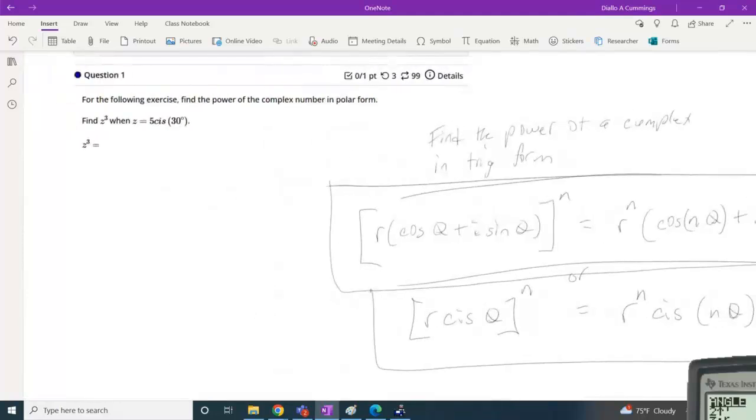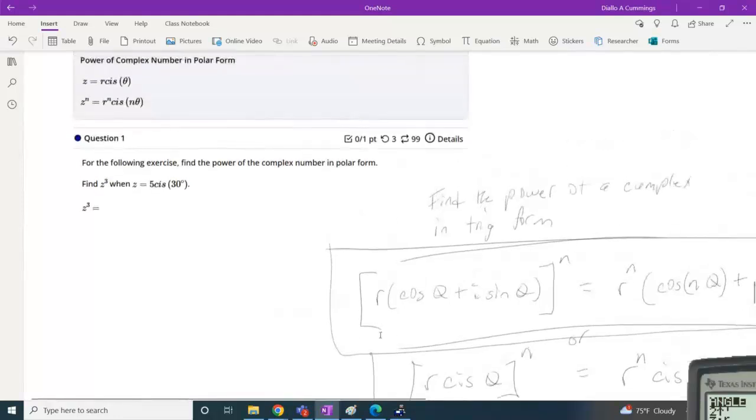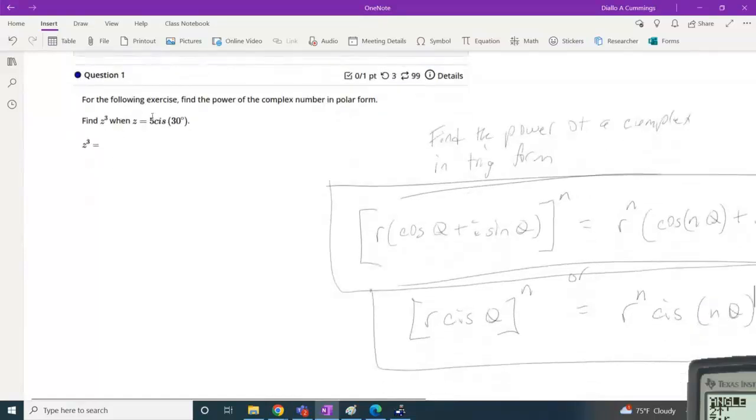And this is number 1. It says, for the following exercise, find the power of the complex number in polar form. So it says find z raised to the third power when z is equal to 5 cis 30 degrees. So I'm going to write it out like this.